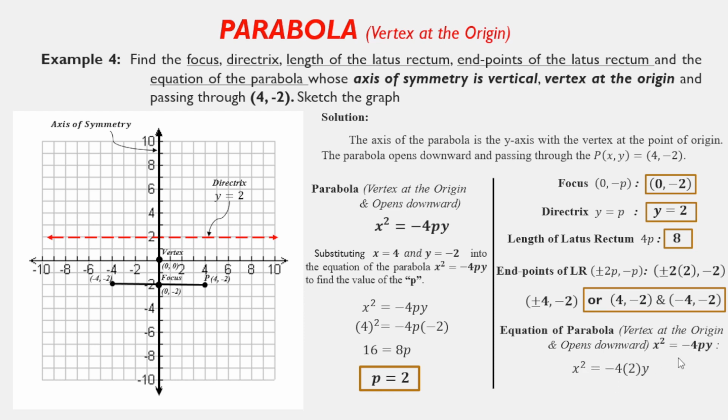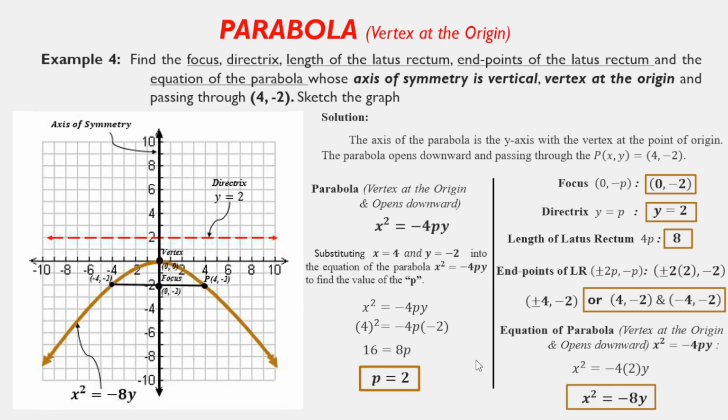Substituting the value of p, which is 2, we have x squared is equal to negative 4 times 2y. Simplifying further, x squared is equal to negative 8y. This is now the sketch of the parabola whose equation is x squared is equal to negative 8y.